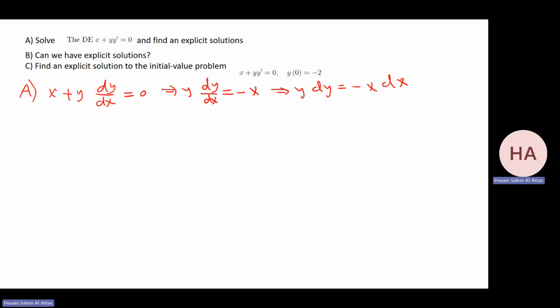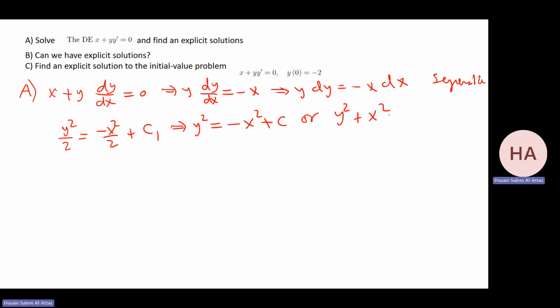Now it's separable. Now it's very clear this is separable. Integrate. What will I get? I will get y squared over 2 equals minus x squared over 2 plus a constant, call it c1. So that implies y squared equals minus x squared plus c. Or I have y squared plus x squared equals c.